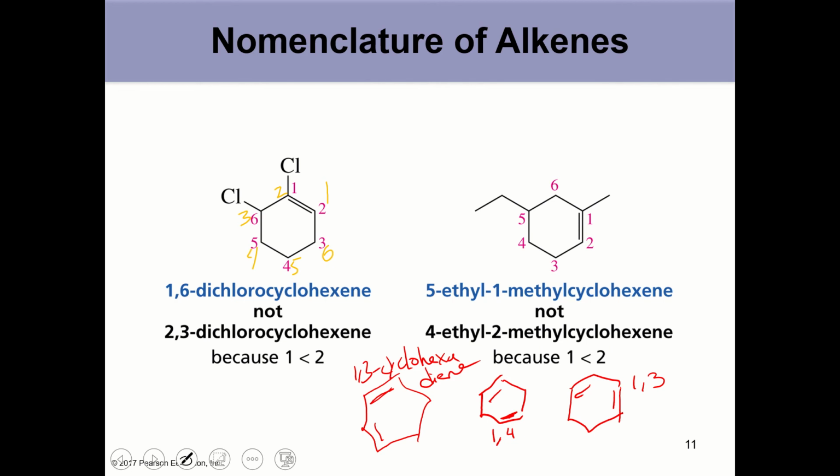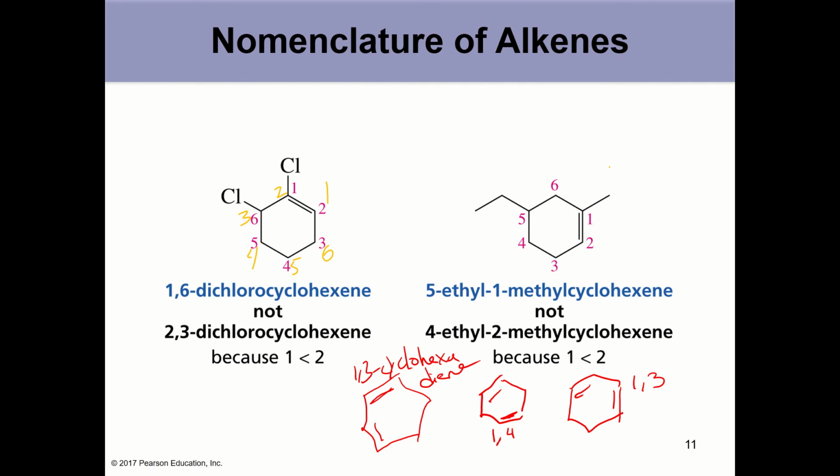So because one of the chlorines gets the number 1 in the first name, we consider that the lowest possible numbering, because 1 is less than 2. That is for the molecule at the left.